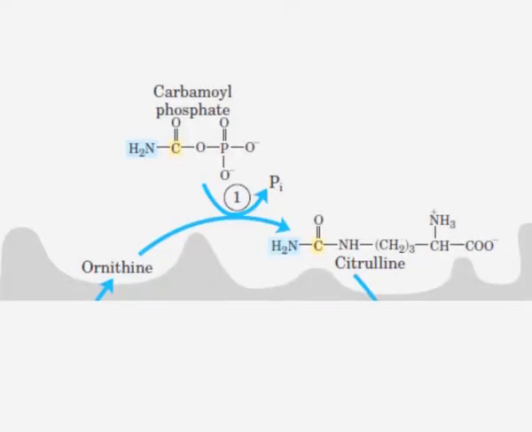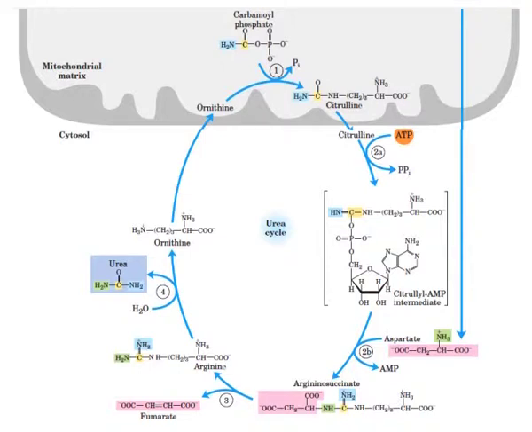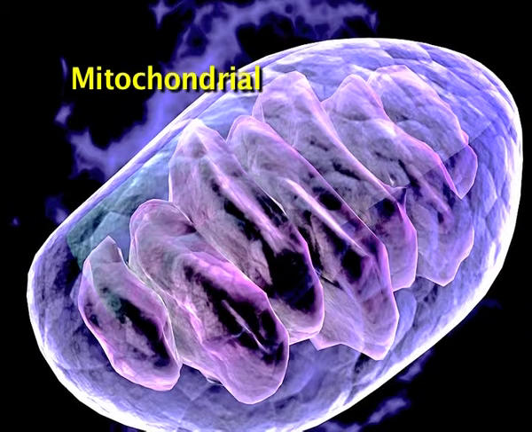Now, carbamyl phosphate enters the urea cycle by combining with a molecule of ornithine and forming a compound called citrulline. Only this step of the urea cycle occurs within the mitochondrion. Now, once citrulline is formed, it is excreted into the cytosol again.